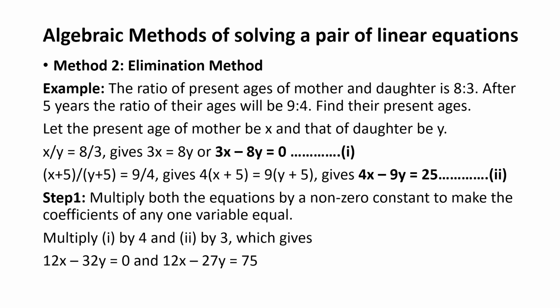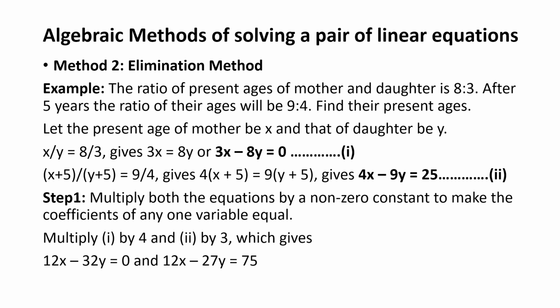First step in the elimination method is to multiply both the equations by a non-zero constant to make the coefficients of any one variable equal. Means the coefficient of x in the first equation is 3 and that in the second equation is 4. Now if I want to make both of these equal, I can multiply the first equation by 4 and the second equation by 3.